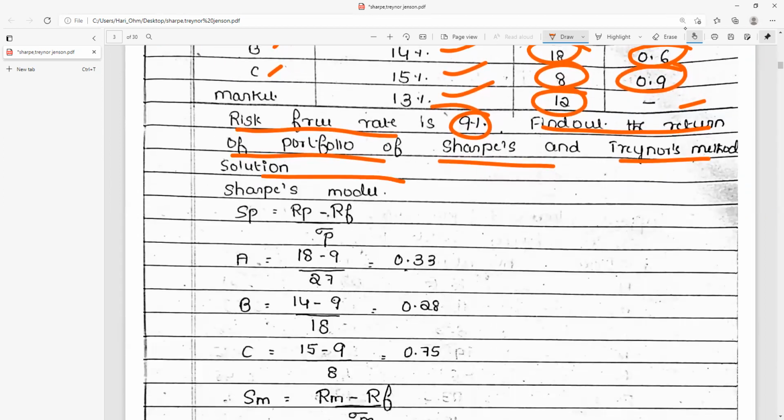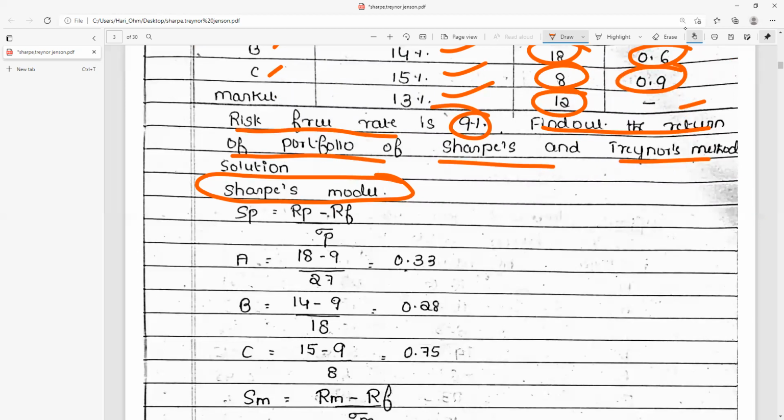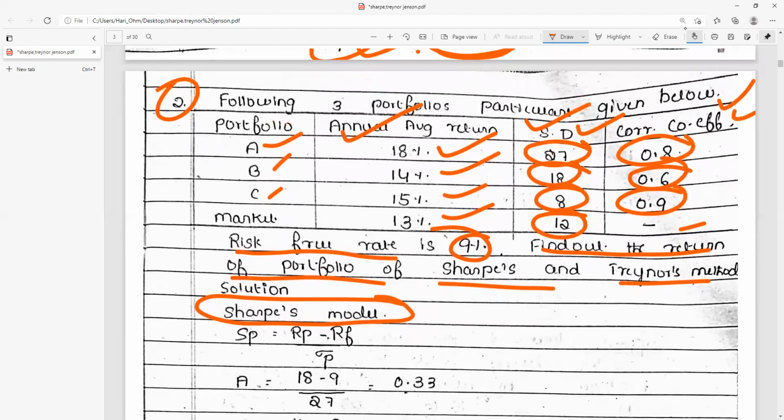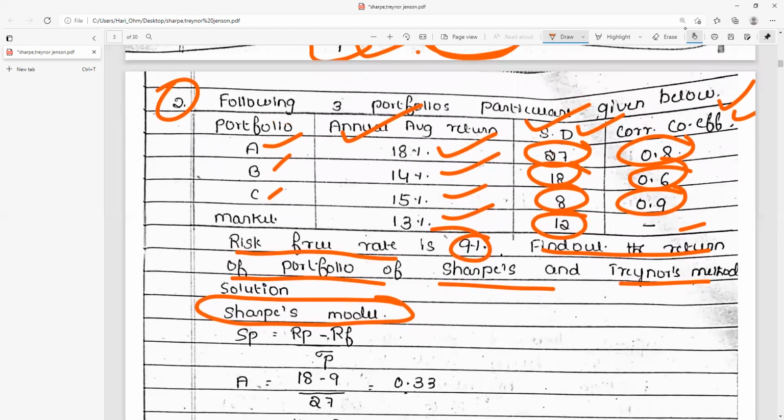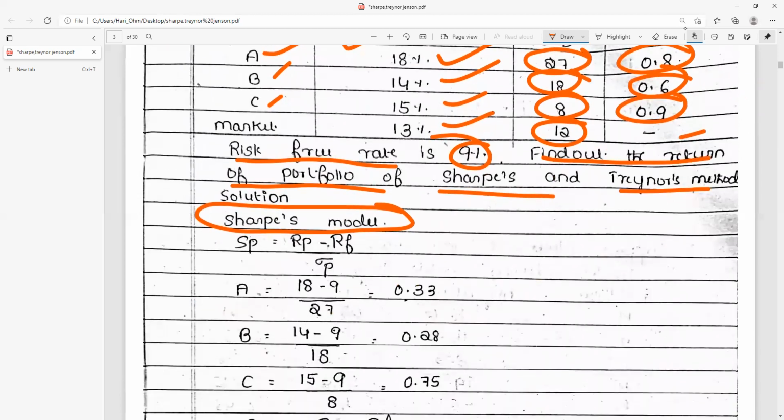Let's begin with Sharpe's model. There is no change in the Sharpe model. We work it out in a similar way to the last problem. Even in the second problem, the return, the standard deviation and the risk-free rate are given, so RP, RF and standard deviation P are given.